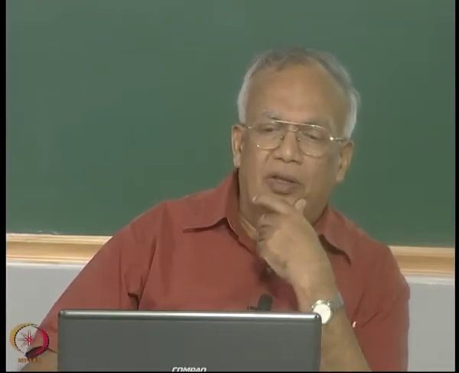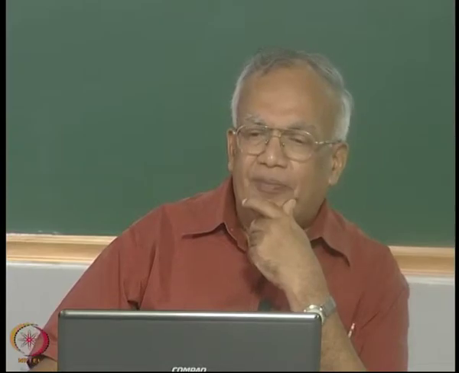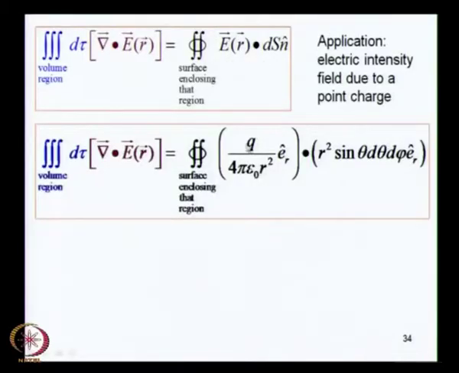So, now let us look at the right hand side. Electric intensity due to a point charge goes as 1 over r square. There is the usual 1 over 4 pi epsilon 0 factor. There is the radial direction of the intensity vector. Then you have this dot product coming over here.